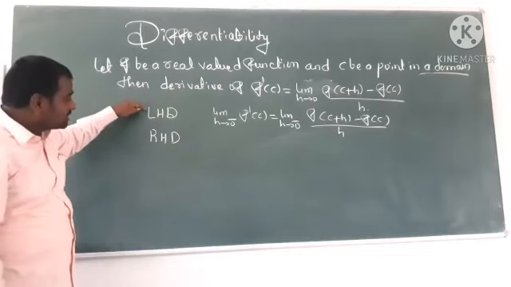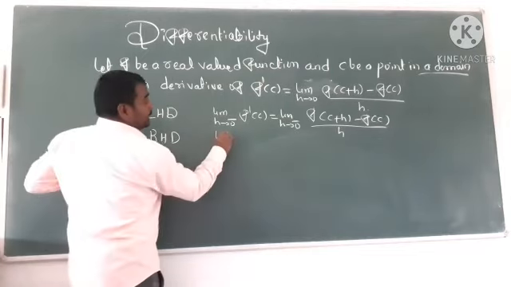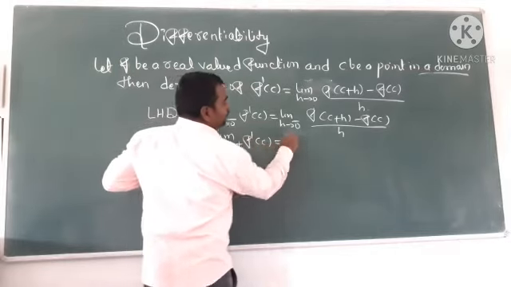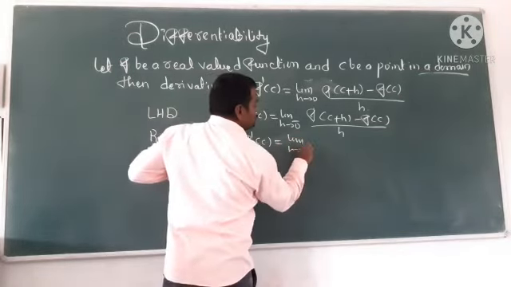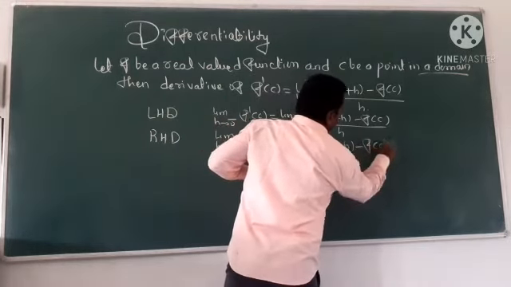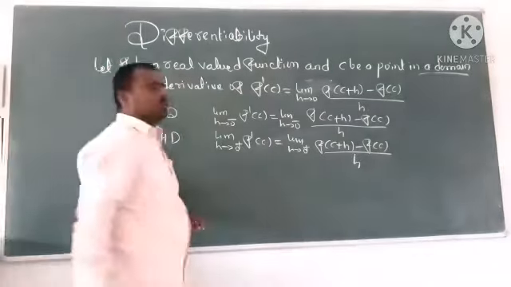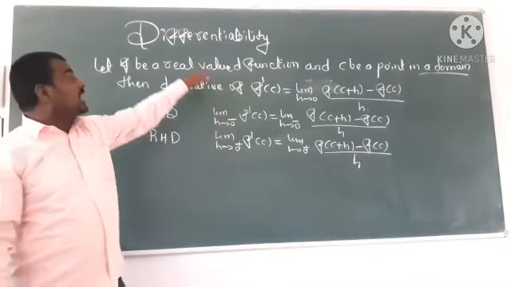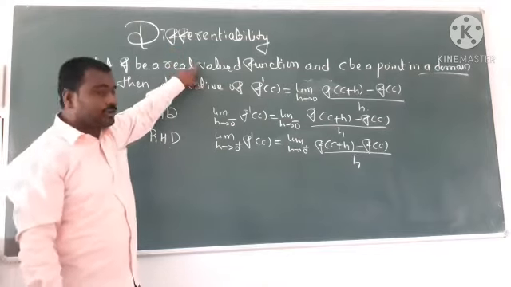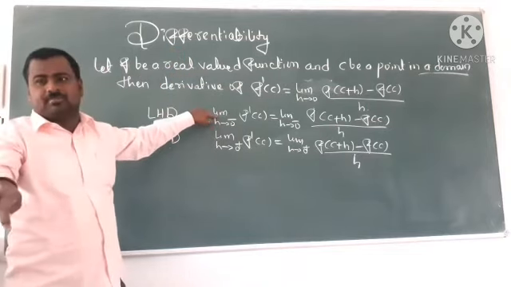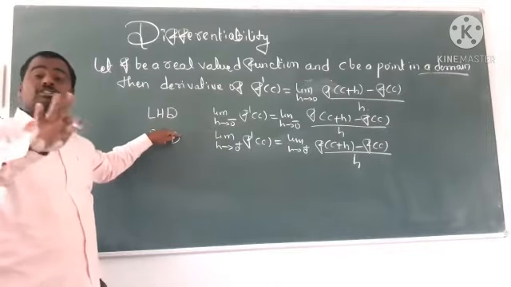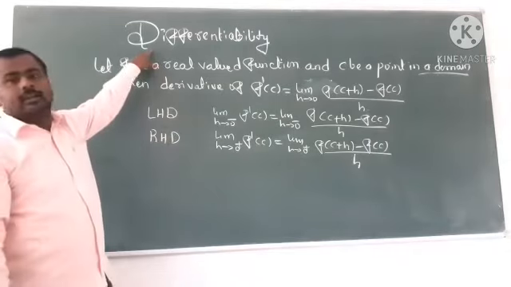But here LHD and RHD both coincide, that is called the derivative: limit h tends to 0 plus f of C plus h minus f of C divided by h. So both are equal, it is called differentiable. Clear? So that is the definition of the derivative, and another definition means LHD and RHD both coincide with each other. That is also called differentiable.